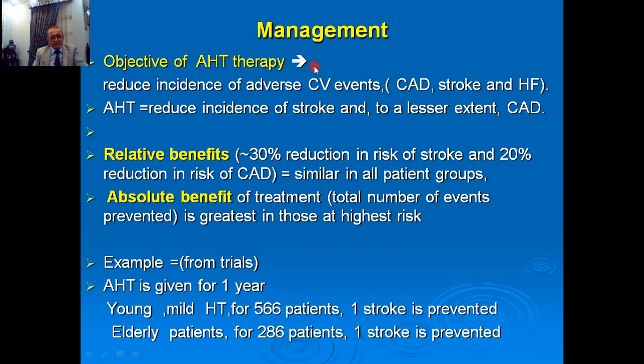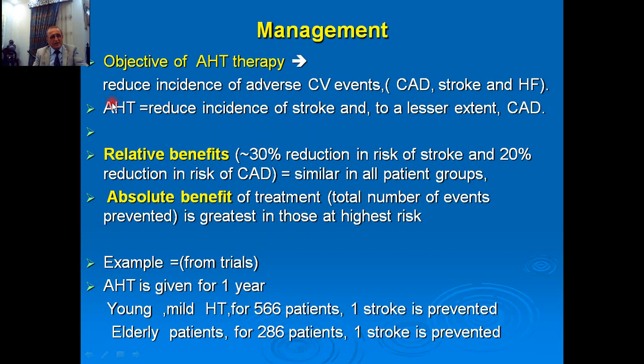If you remember, the first point in my lecture was the objective of antihypertensive therapy is to reduce the incidence of adverse cardiovascular events. Cardiovascular is a generic term: coronary artery disease, stroke, and heart failure.